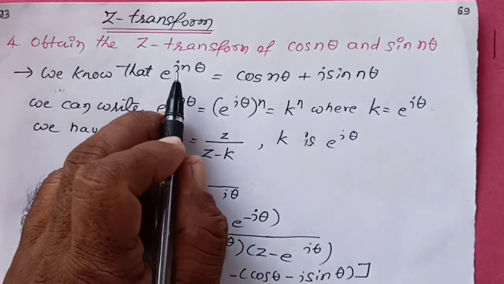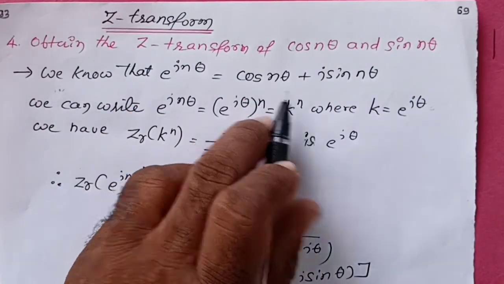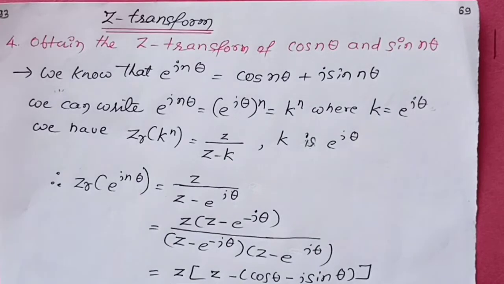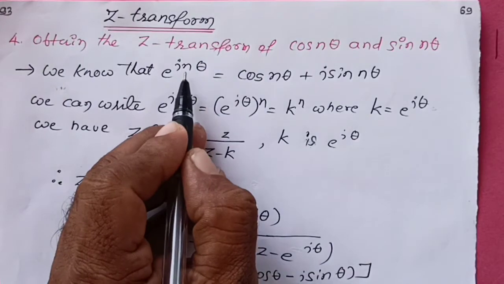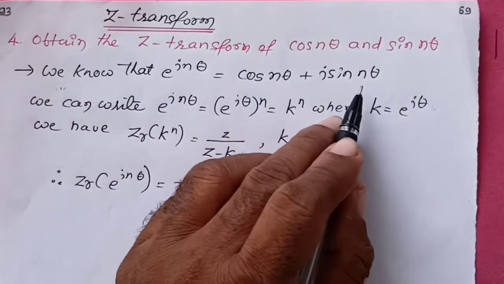We know that e raised to i n theta is equal to cos n theta plus i sin n theta. This imaginary and real part we studied. What is that? e raised to i theta is equal to cos theta plus i sin theta.